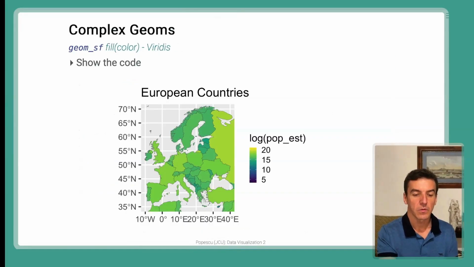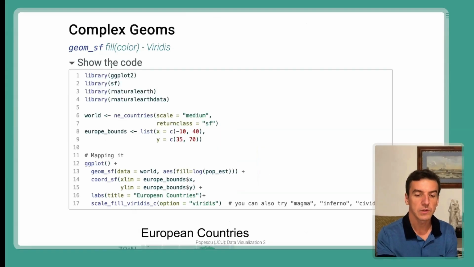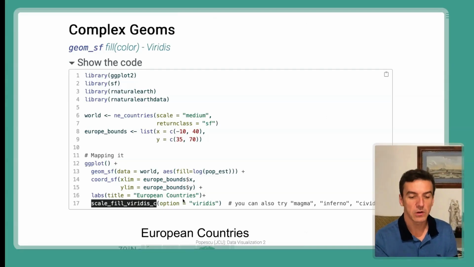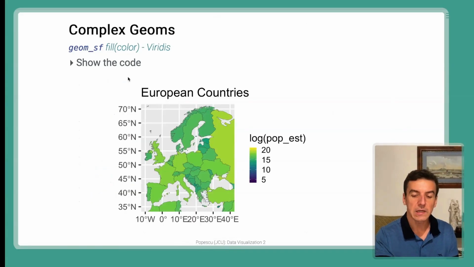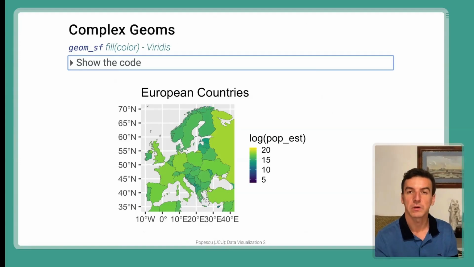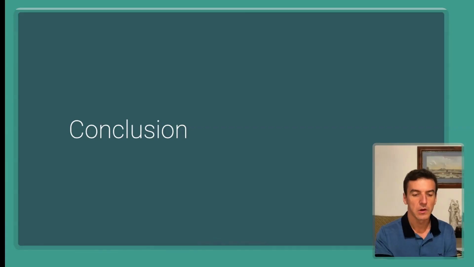This is what our data looks like if we're using the Viridis color scheme. So how do we do this? We simply use the C at the end, scale fill viridis underscore C. Notice the underscore C, which stands for continuous. You already can tell that this is a superior version of the map.